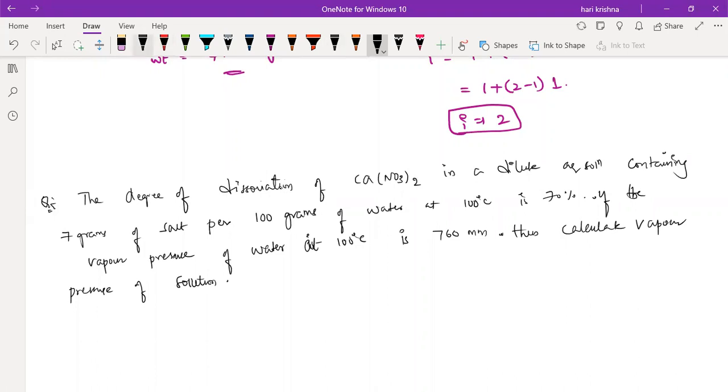First, how many of you understand the question? Read the question properly first, everyone. I will write the given data here.